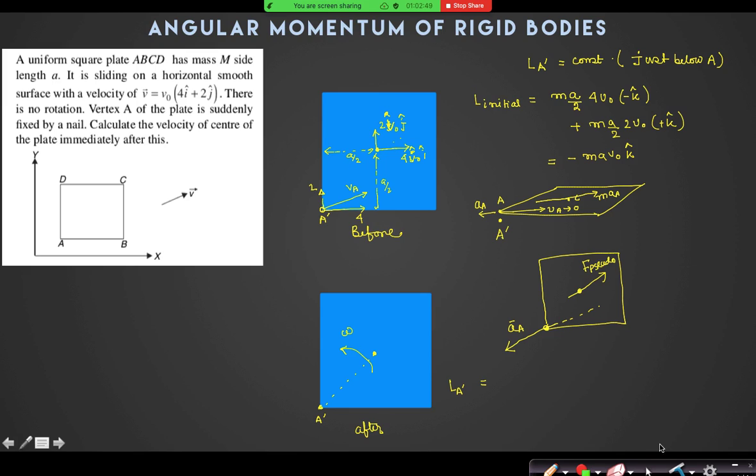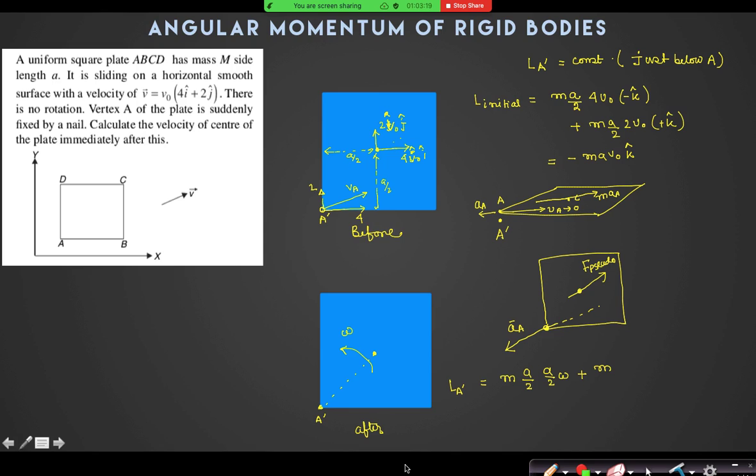Yes. You can say these points are the same. So again, if you assume this point to be an outside point, it is better to use the second equation. But I think both of them will be the same. The second equation says it is m r cross vc plus Ic omega. That means m into a by 2 into vc, where vc is a by 2 omega. What is the moment of inertia about this axis, Ic?